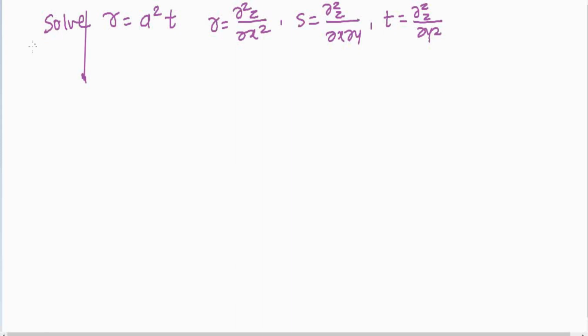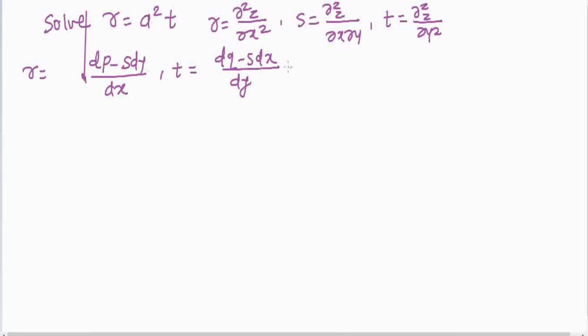We have already seen how we calculated the value of small r in terms of p and s. This is equal to dp minus s dy divided by dx, and t is equal to dq minus s dx divided by dy.